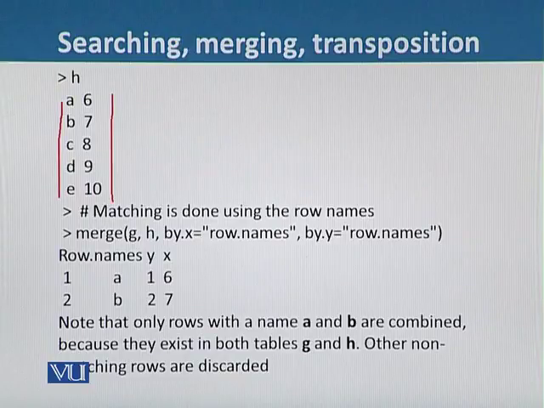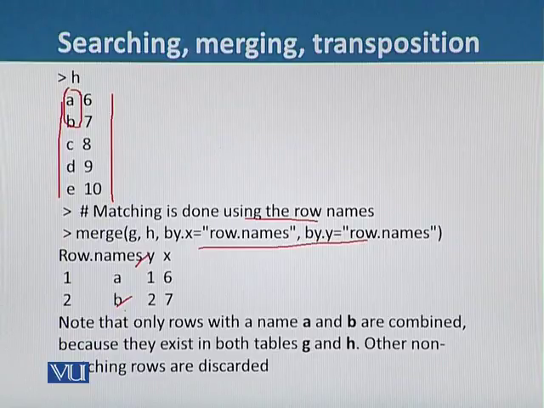We have to match these two tables. And we can see here that after matching the tables, we get the answer A and B, because A and B are common in both the G and H tables. In the G table, the value of A is 1 and B is 2, and in the H table it is 6 and 7.